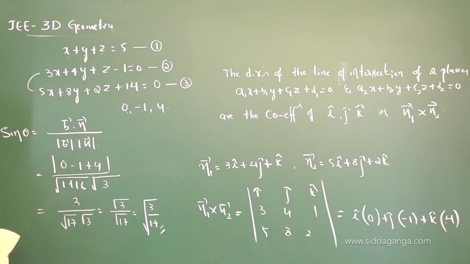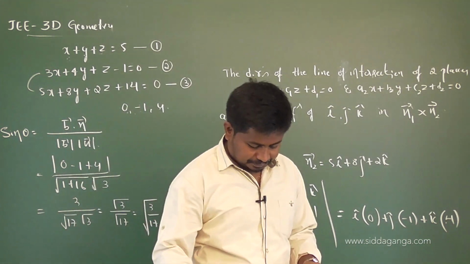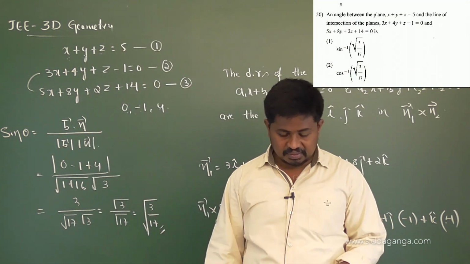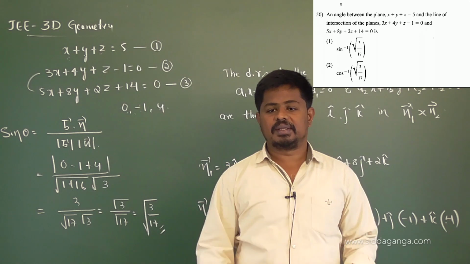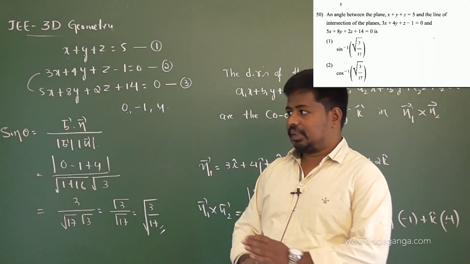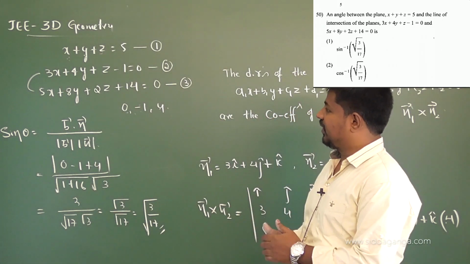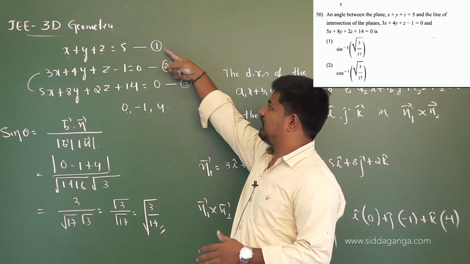So this is your required angle, theta is equal to sin inverse of root 3 by 17. That's what option first is the correct one for the 50th question, the angle between the line of intersection of the two planes and the first plane.